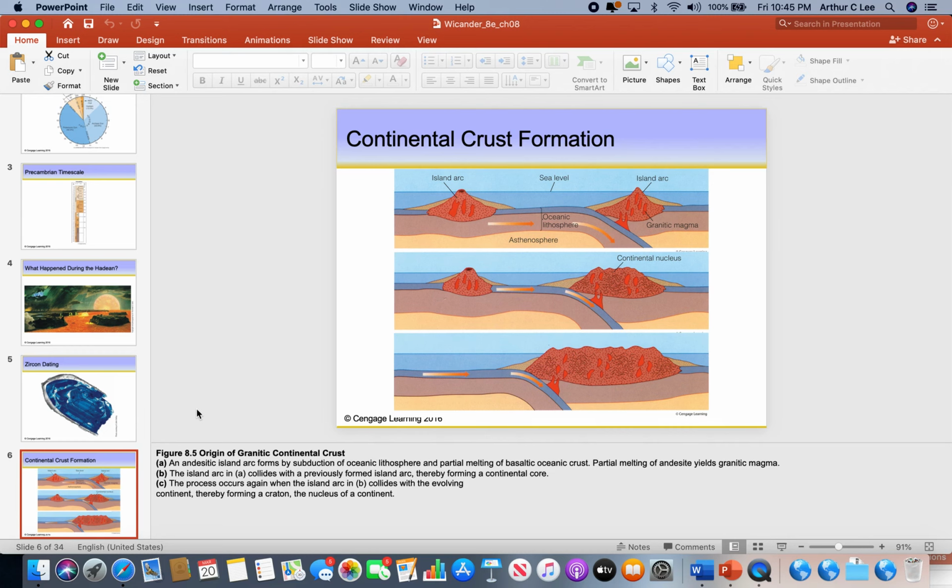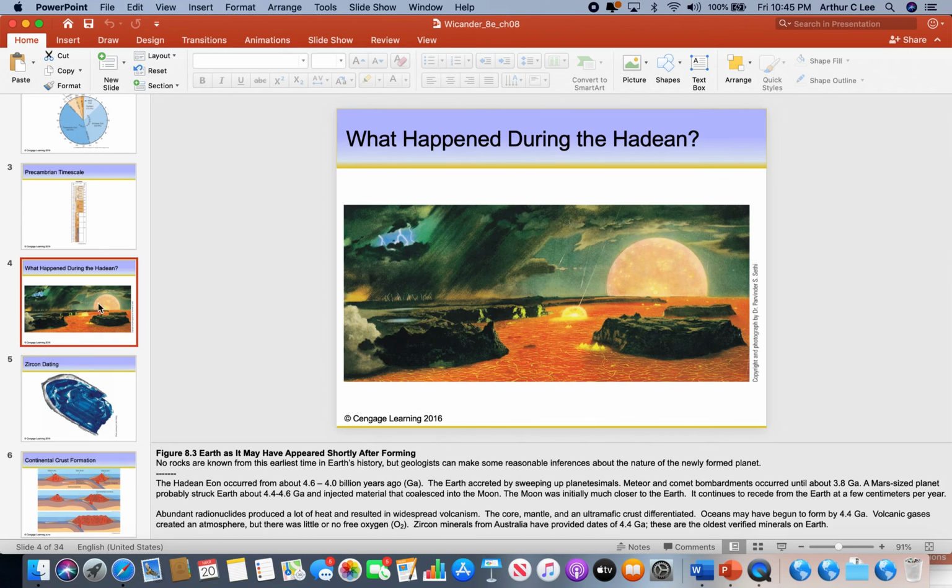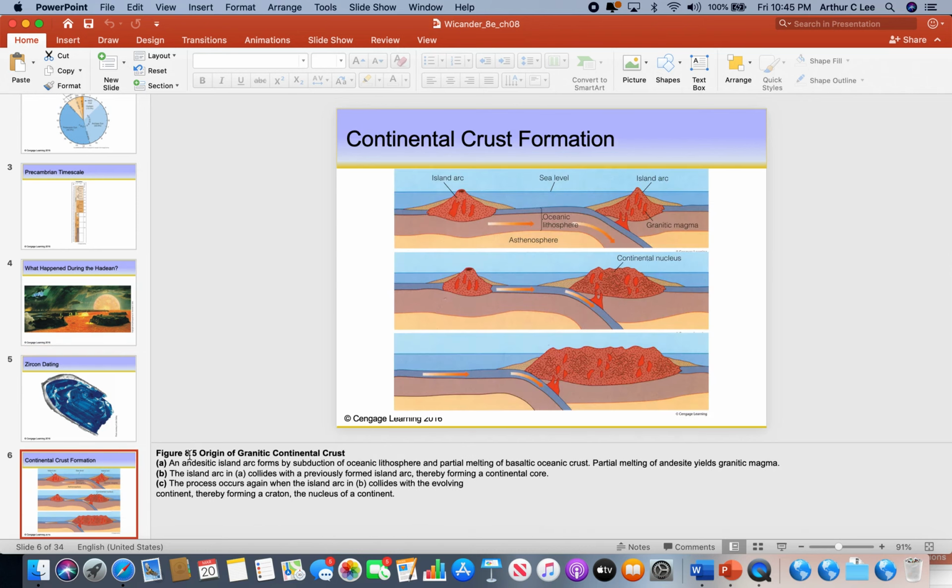You might recall that during the Hadean, the previous Eon, the Earth was covered by lava. It was an extremely inhospitable place, a place where you had these tiny little islands that had formed in the middle of these lava oceans. We had no atmosphere to speak of. There wasn't enough time to make an atmosphere. Well, by Archean time, we started to form our first small continents.